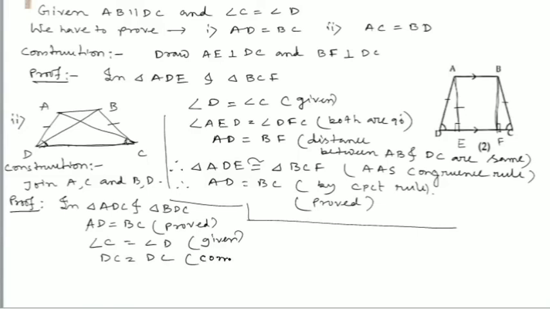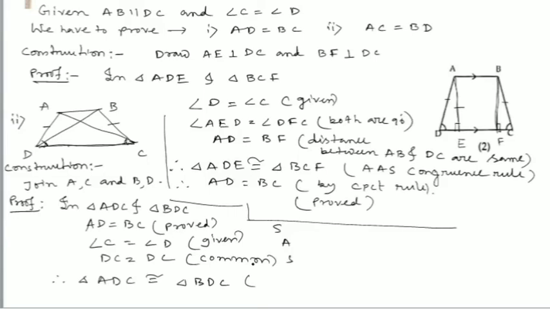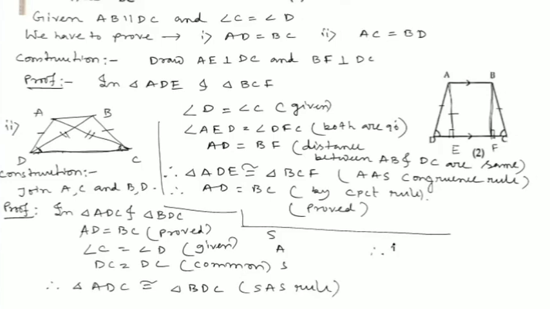This is common, a common side between these two triangles. Therefore, these two triangles are congruent. Therefore, we can say triangle ADC is congruent to triangle BDC. By which law? By SAS. Sides are equal, angles are equal, then sides are equal. By SAS rule. Therefore, we can write AC is equal to BD by CPCT rule. Okay, so this is also proved.